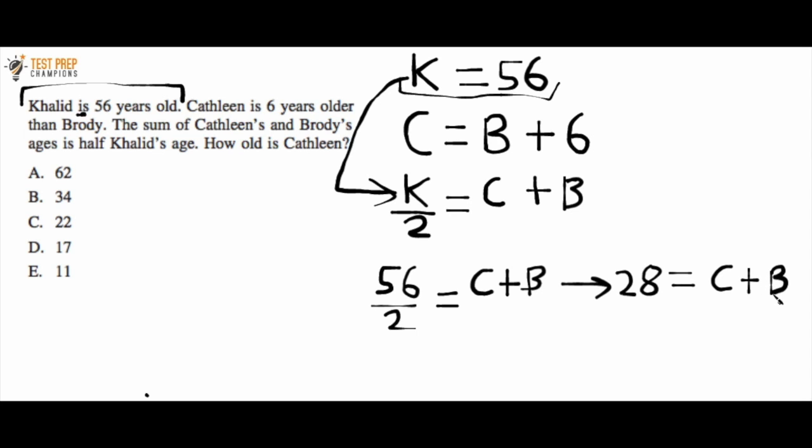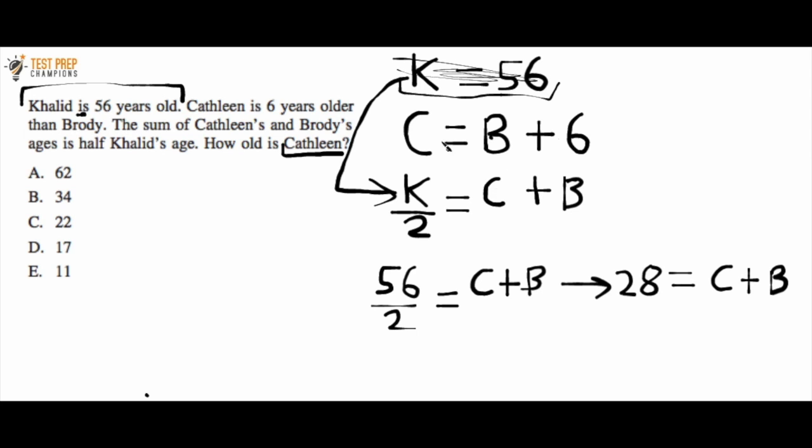So ultimately, what are we trying to solve for here? Are we trying to solve for c, or are we trying to solve for b? Well, ultimately, we really want to know what c is, because we want to know how old Kathleen is. So let's go back up here. Equation 1, k equals 56, we pretty much used up all the information we can from that.